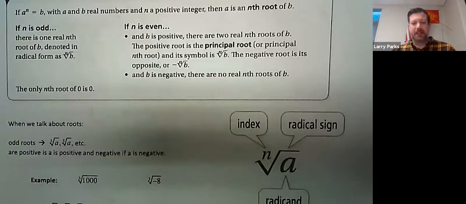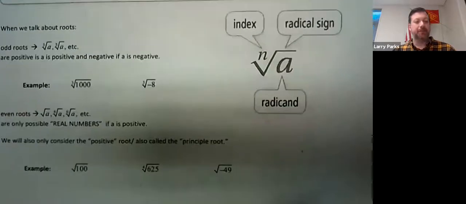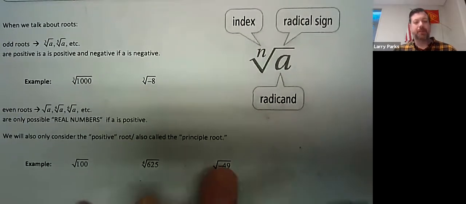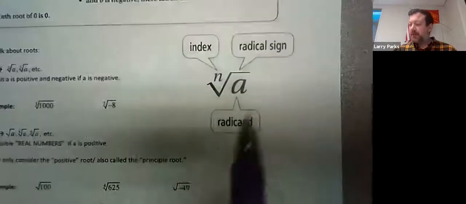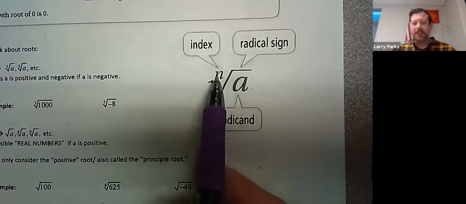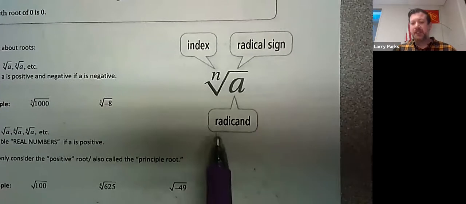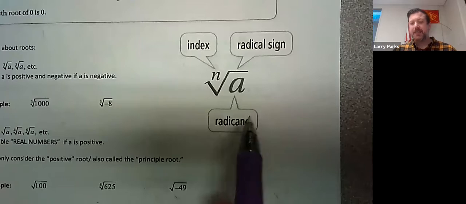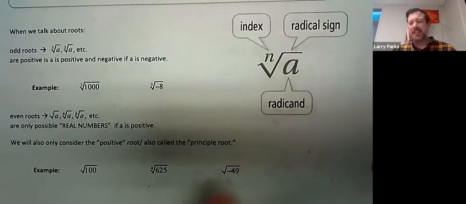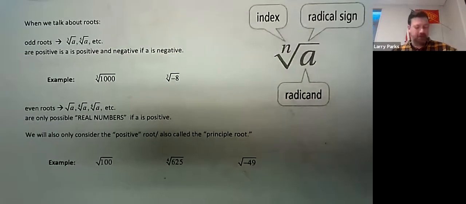So some vocab, we call this number up here the index, it changes. We call this the radical symbol. And we call what's inside the radical the radicand. And so this is kind of getting us into the whole chapter, which is radicals.